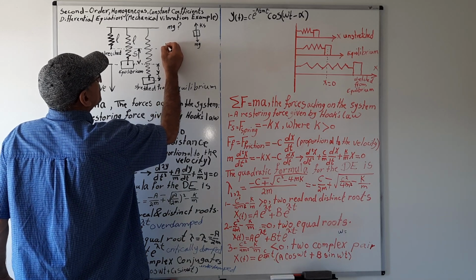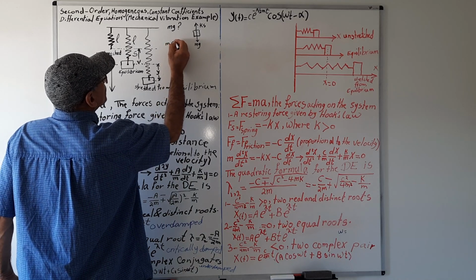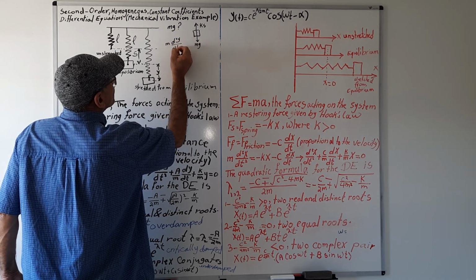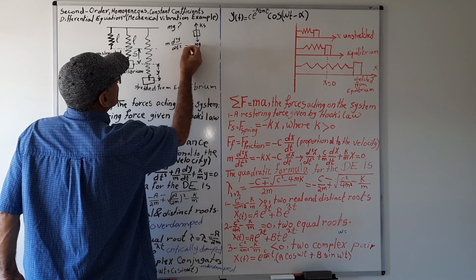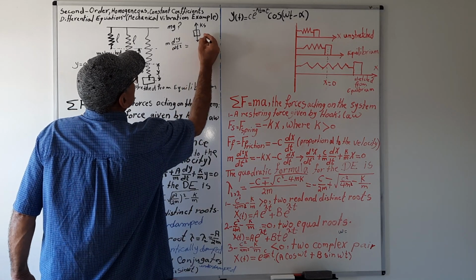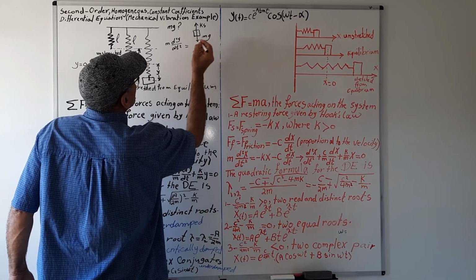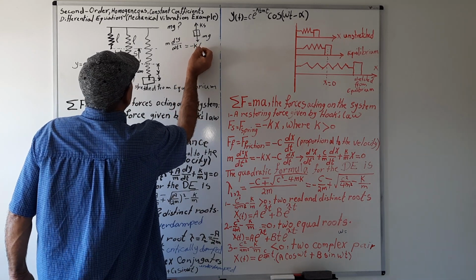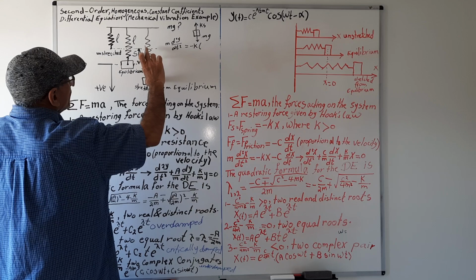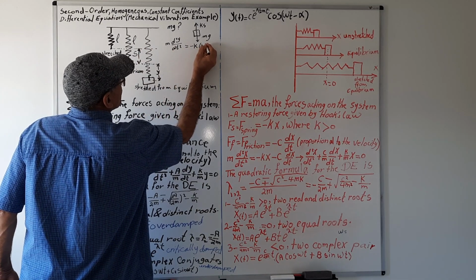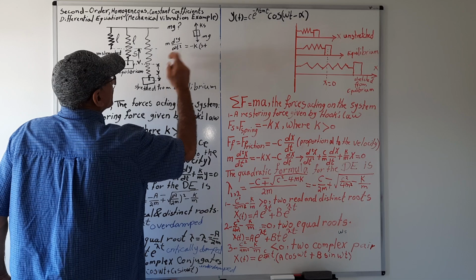So we have m d squared y over dt squared equal minus k, here's the distance, s plus y.